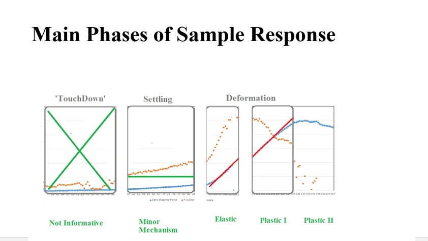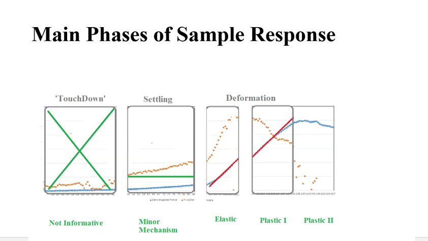So you can look at this particular collection of data as: touchdown is really uninformative except to find out where zero is. Then there's a minor mechanism region initially, which could be the sample changing shape to conform with the supports, or it could be that you have a sample with two very different materials together, and this is compressing the one material before the main material.